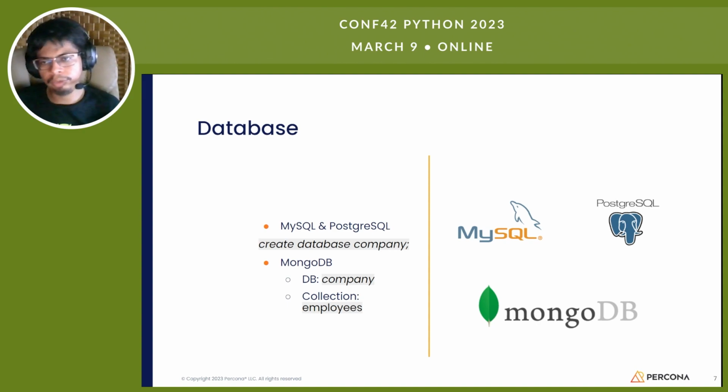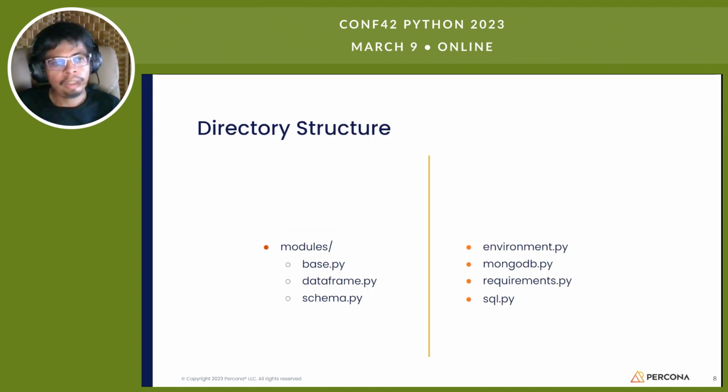This is an example. You can adjust this information according to the requirements of your project. But first, we create a database for MySQL or Postgres. For MongoDB, we don't need to do that. The database and the collection where the information will be stored is created while running the script.